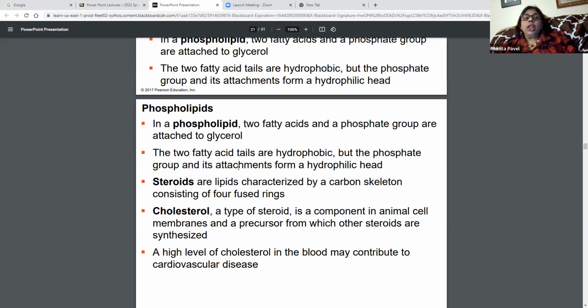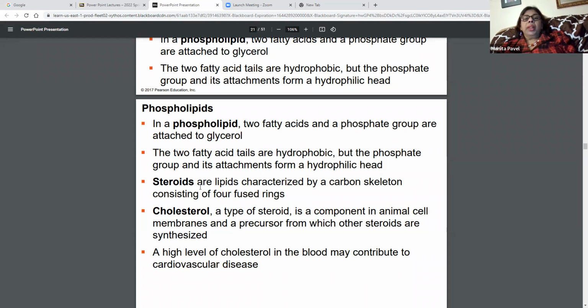But the phosphate group will form the hydrophilic head. Where do we talk about phospholipids? In the previous 2 chapters, I told you that phospholipids are an important component of our cell membranes. A cell membrane consists of a phospholipid bilayer, 2 layers of phospholipids.